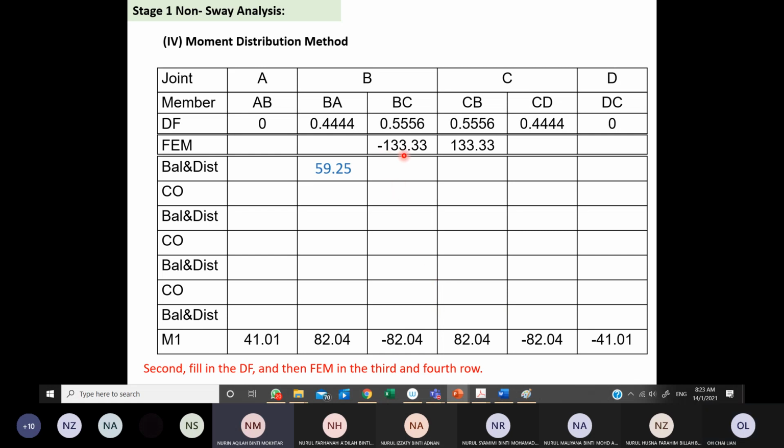Negative 133.33 plus 0 times negative 1, then times with DF 0.444.